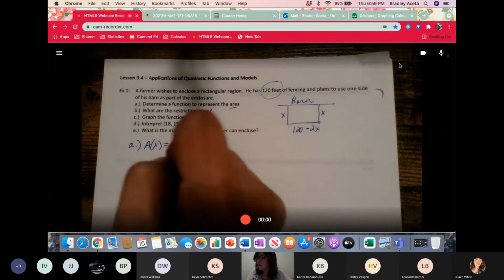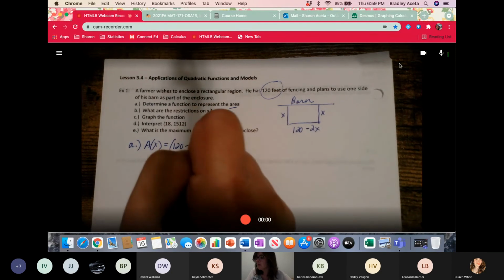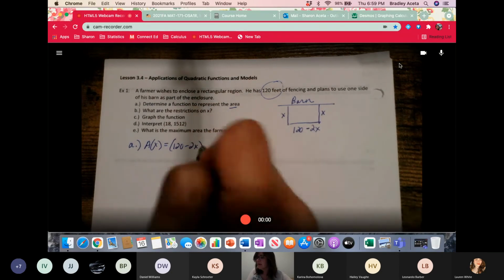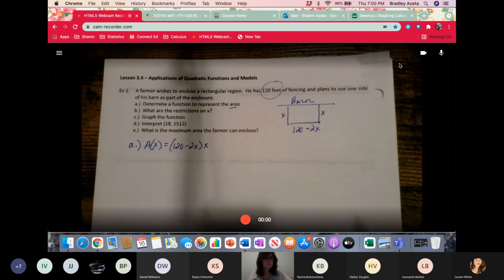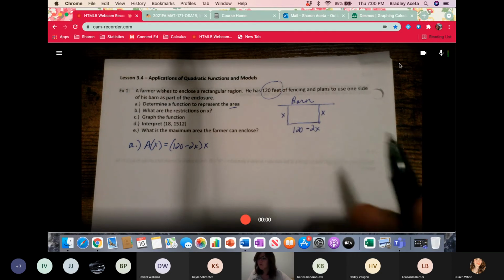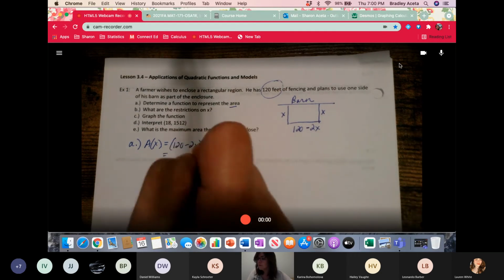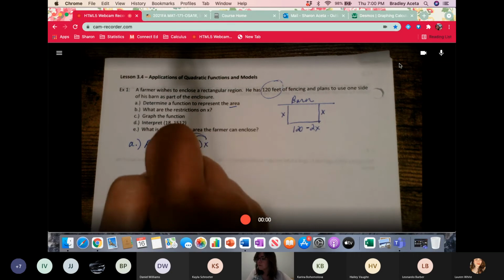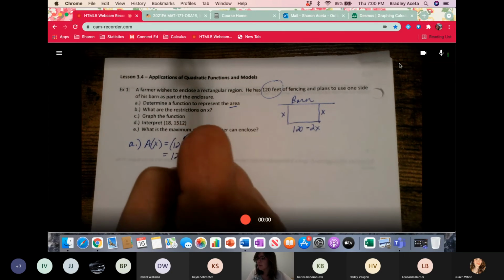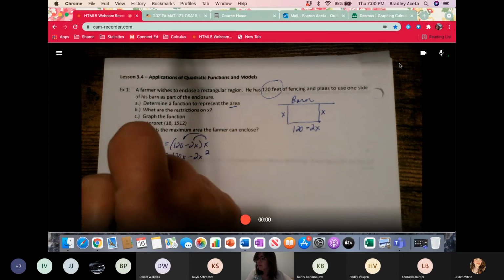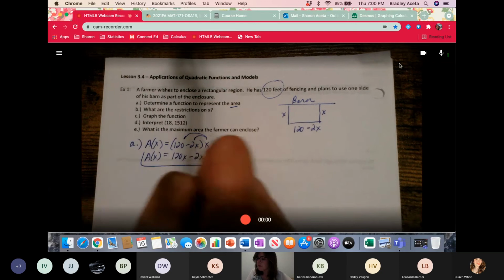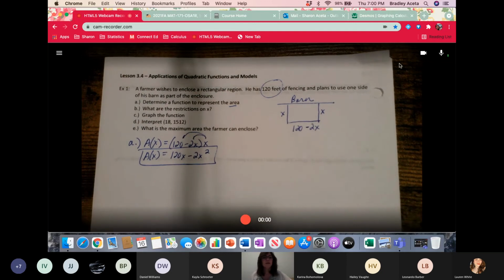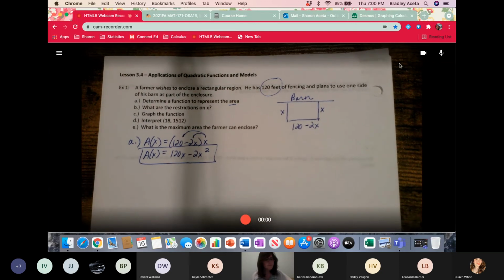So 120 minus 2x times x. And then you just want to FOIL it out. So 120x minus 2x squared. That is a function that will help you find the farmer's area.